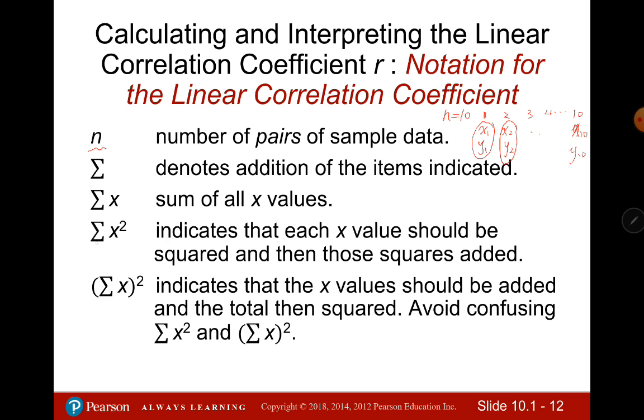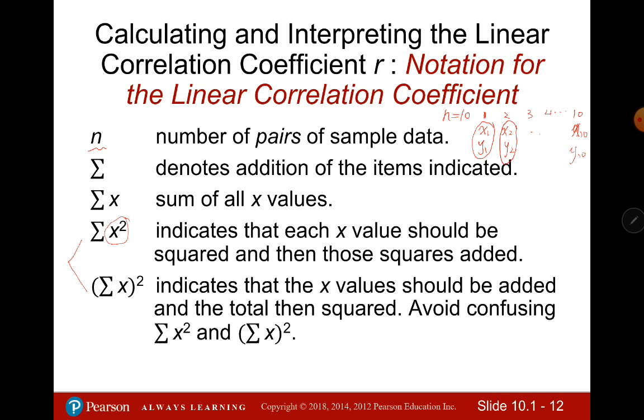So this is the sigma x squared. Remember, you compare these two notations. This is sigma x squared. This is still the sigma x, then take the square. Let's check the difference between these two. For the first one, we should get the square value of x first, then find the sum.